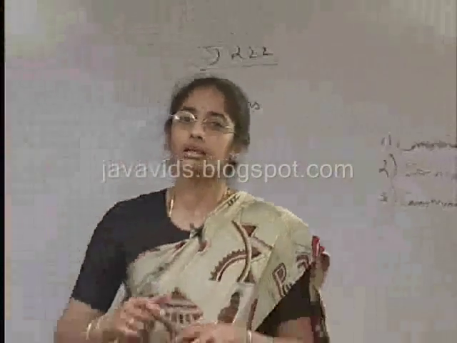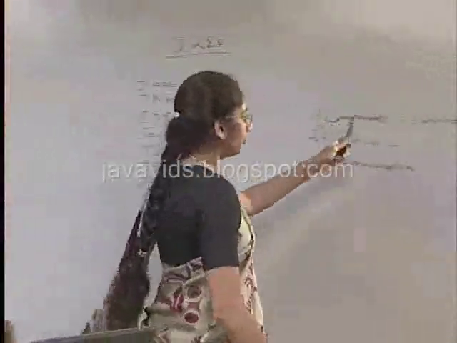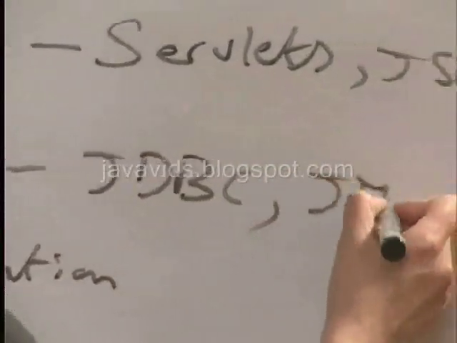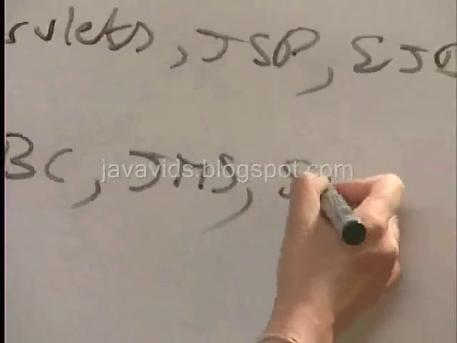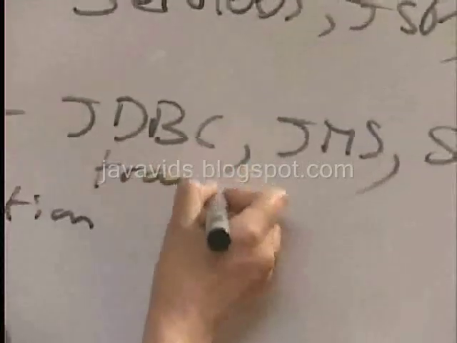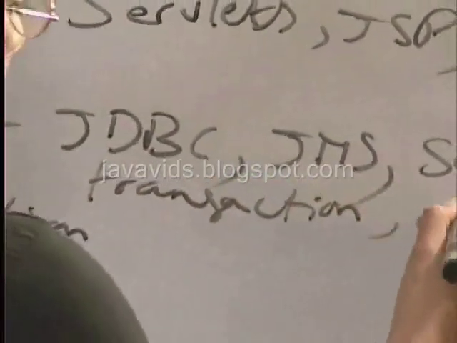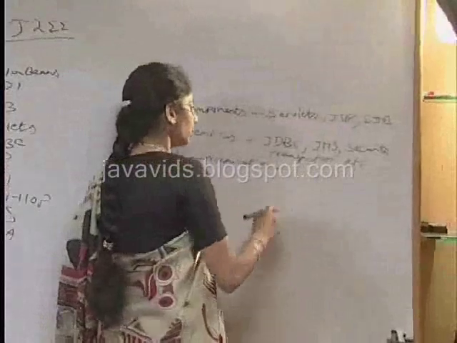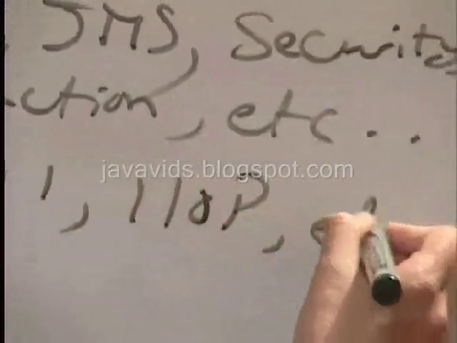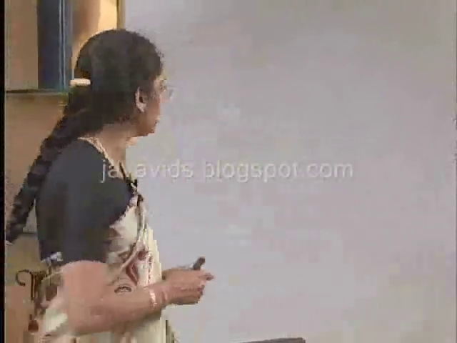Your services are the various services provided for your components, like the database service, the messaging service, the security service, transaction service, etc. When we talk about communication, how do I communicate between components and between services? It is using RMI, IIOP, etc.